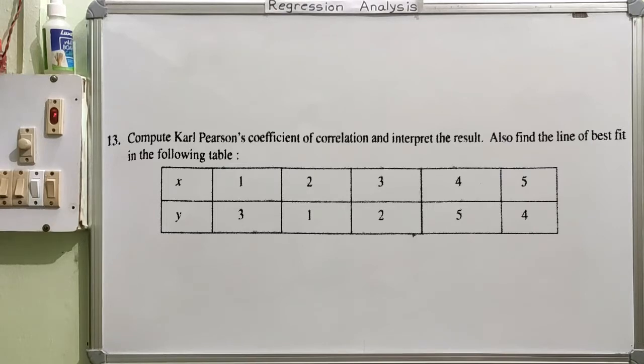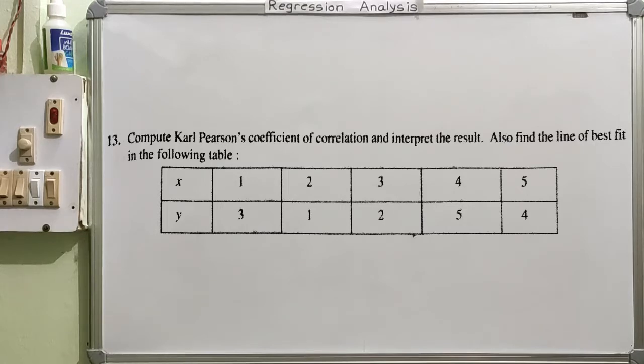This is the line of regression of y on x because we start with y minus y mean. Now this line of regression is also called the line of best fit. So whenever the question says to calculate the line of best fit, it means we have to calculate the line of regression of y on x. Please keep this in mind.